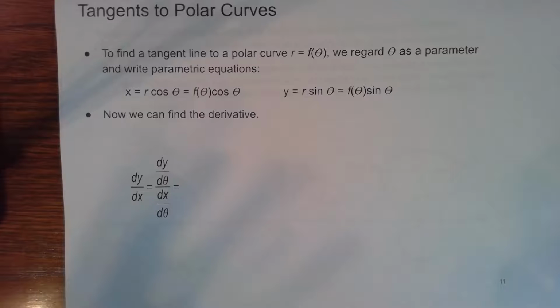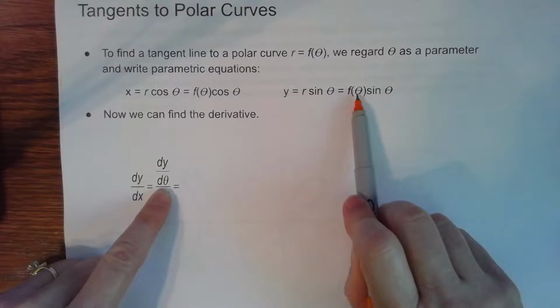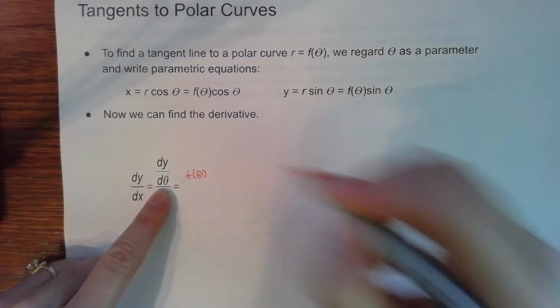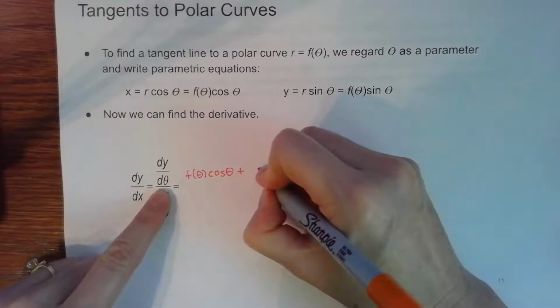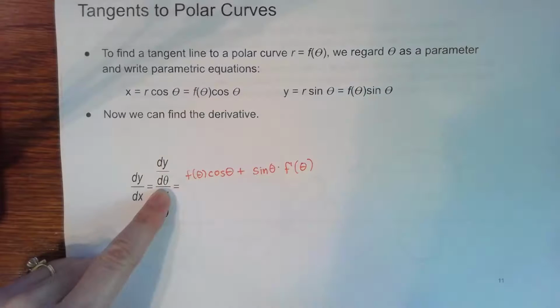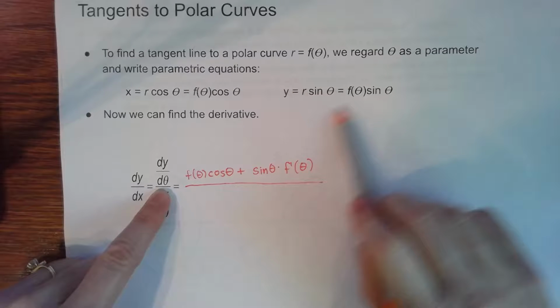If I was doing dy d theta over here, the product of f of theta times sine of theta, I need to do the first, f of theta, times the derivative of the second, which is cosine theta, plus the second times the derivative of the first. Okay, so that would be my derivative dy d theta.